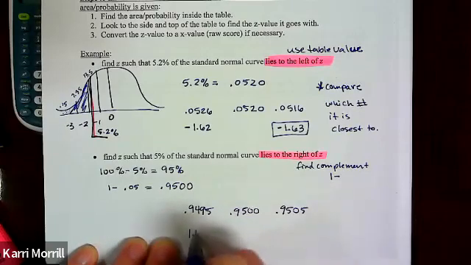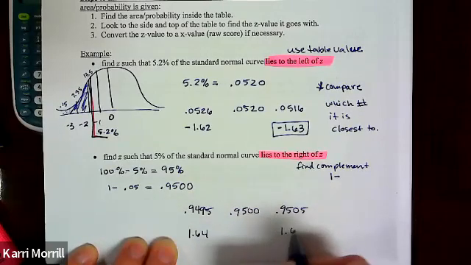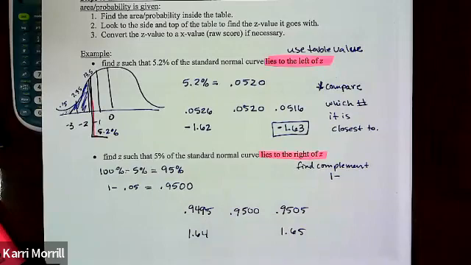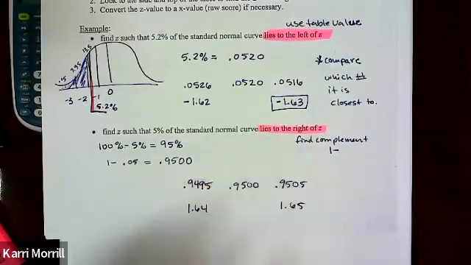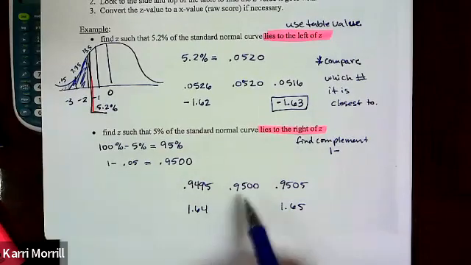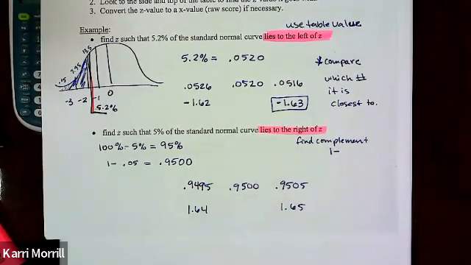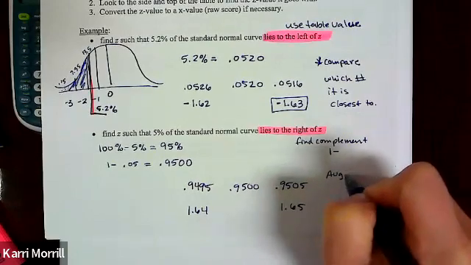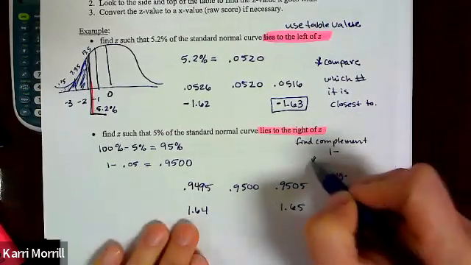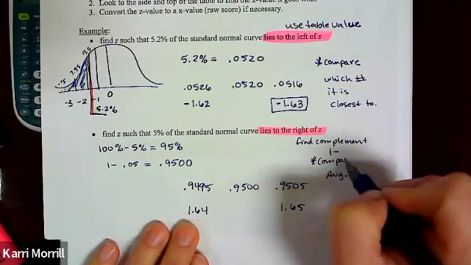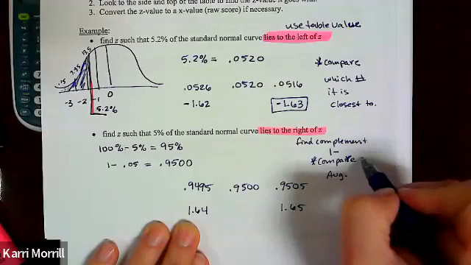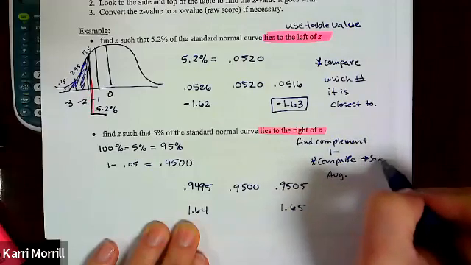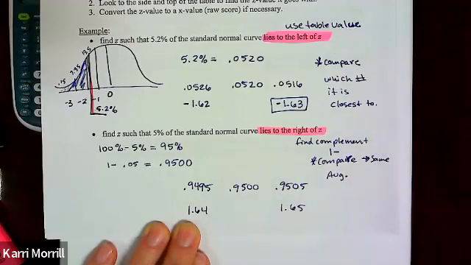So I said this was 1.64 and this is 1.65. So in this case, there's not one that it's actually closest to, because this is 5 above and 5 below, right? So in this case, if they're exactly the same amount apart, you're going to find the average. So when you compare, if they're the same, when they're the same, you have to find the average.